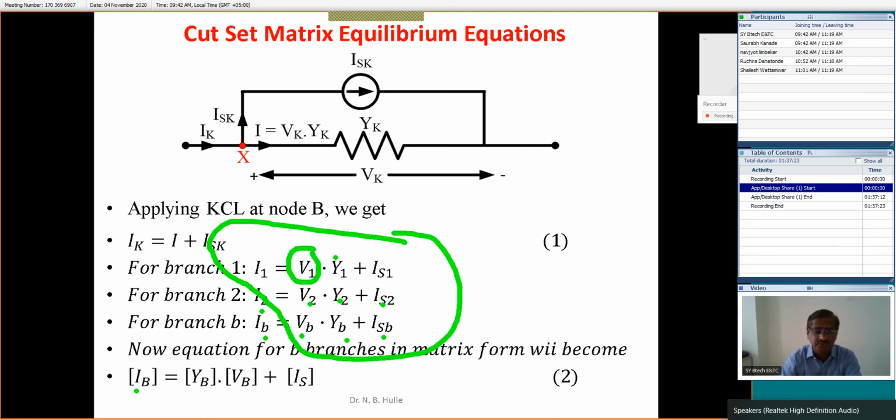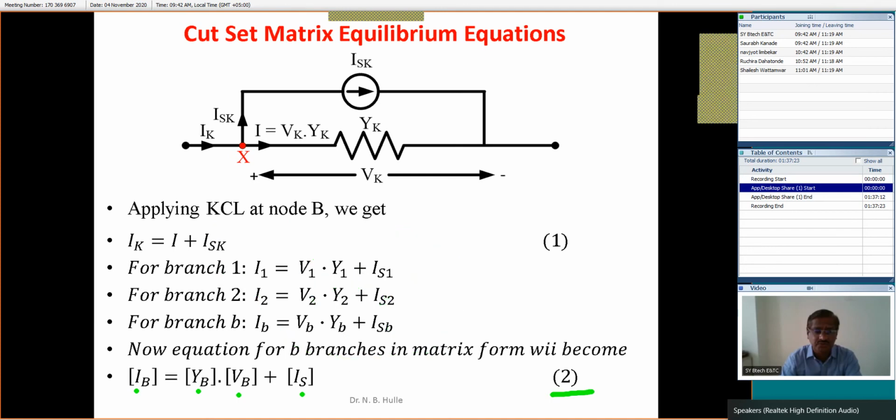Multiplication of this matrix with this, YB is the branch admittance matrix. This V1, V2, V3 is nothing but the voltage matrix, and this IS1, IS2, ISB is nothing but the current matrix. All these equations can be organized in this particular format, and that can be named as IB is equal to YB into VB plus IS.